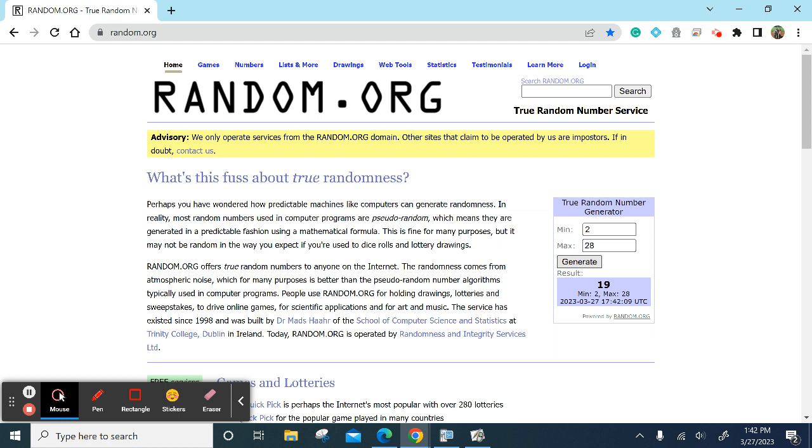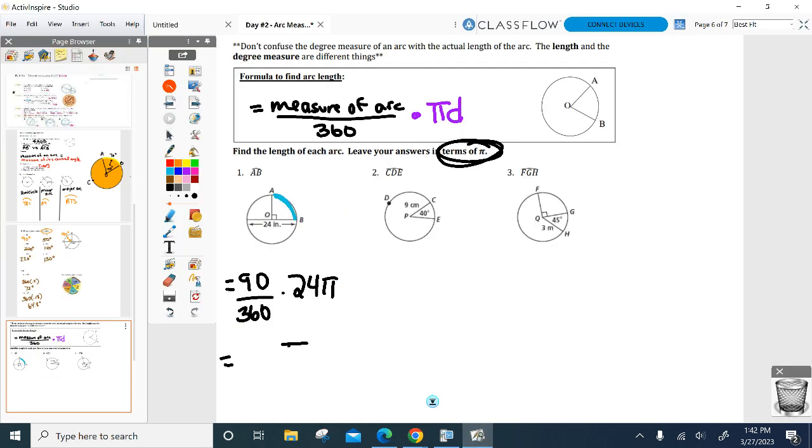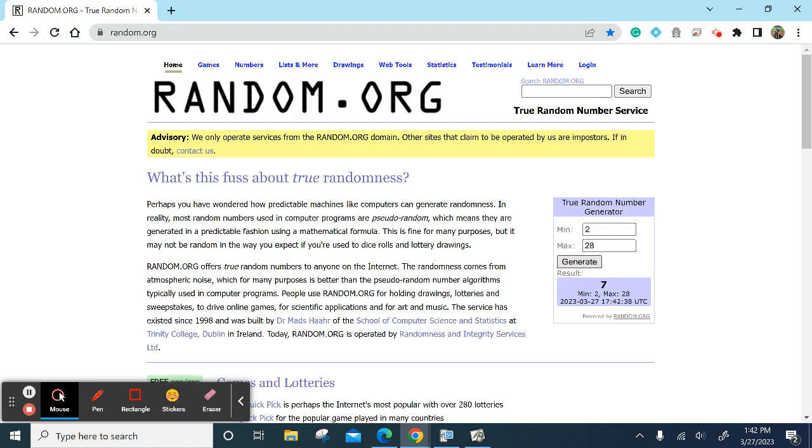Not a number next to it. I need that pi brought in your answer. I don't need it pressed on your calculator. So I should see that pi in the answer. Watch. Let's bring it down to the answer. Whatever's left, calculate it. 90 over 360 times 24. Just don't touch the pi. Just bring it down in your answer, because I don't want to round. I don't want long decimals. I just want a nice answer with pi in it. And what's with the pi here?